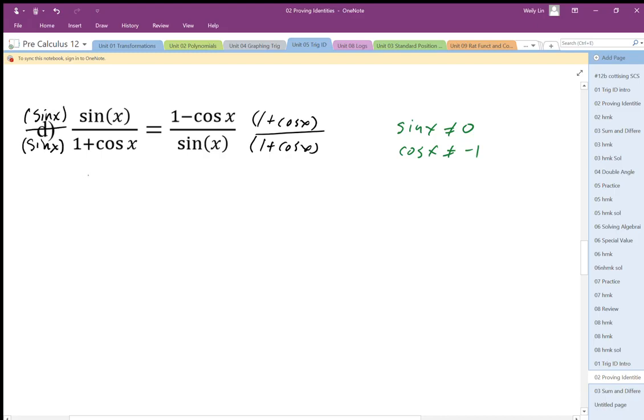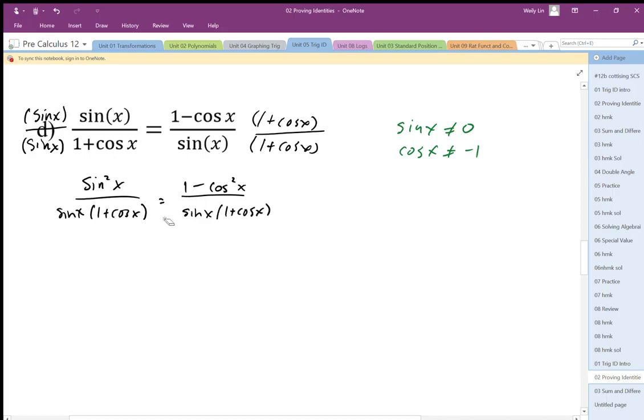So what I end up with then, I get sine squared x on the top, and I have sine x times 1 plus cos x on the bottom. And on this side, when I FOIL that all out, I get 1 minus cos squared x. And I end up with the common denominator sine x, 1 plus cos x.